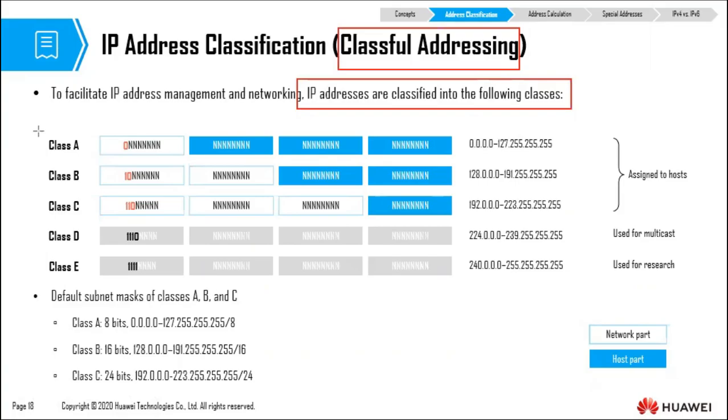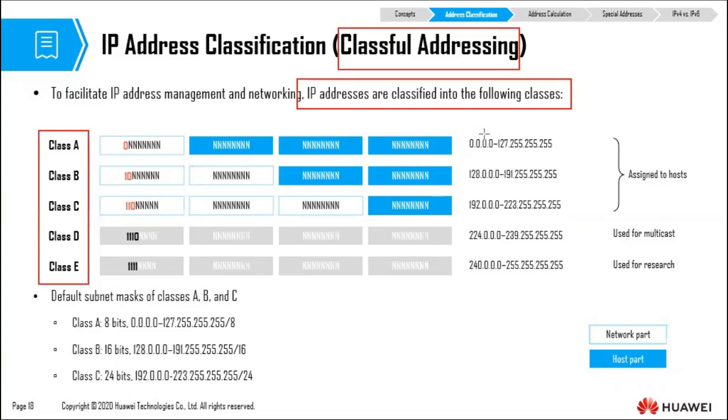The classes range from class A to class E. Of course, this was done in order to easily manage these particular address resources.